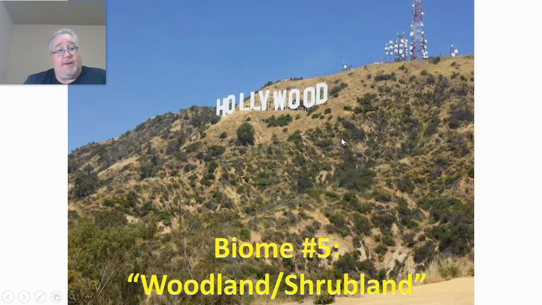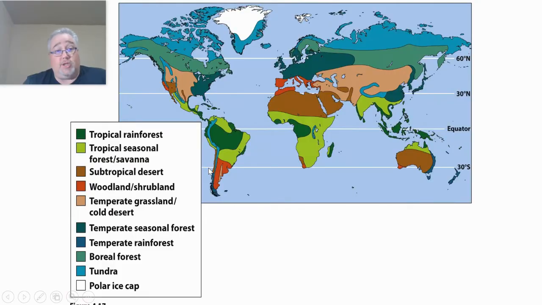If you take a look at this picture here, I think it says a lot about where you might find this particular biome in the United States. If you look at the landscape in this picture, this is pretty typical of woodland shrubland areas. On the map here, you'll notice that it's this reddish color.